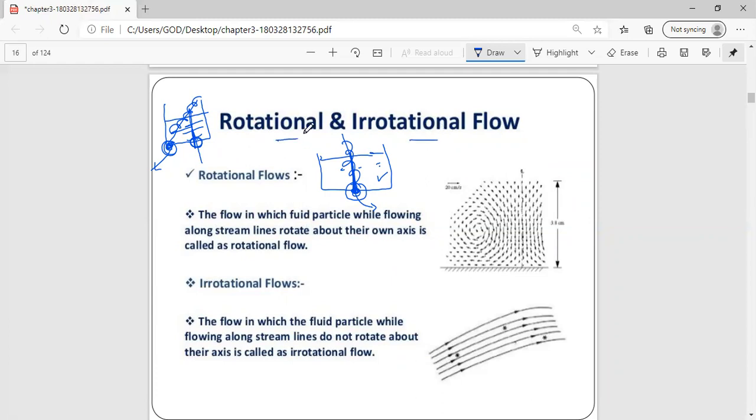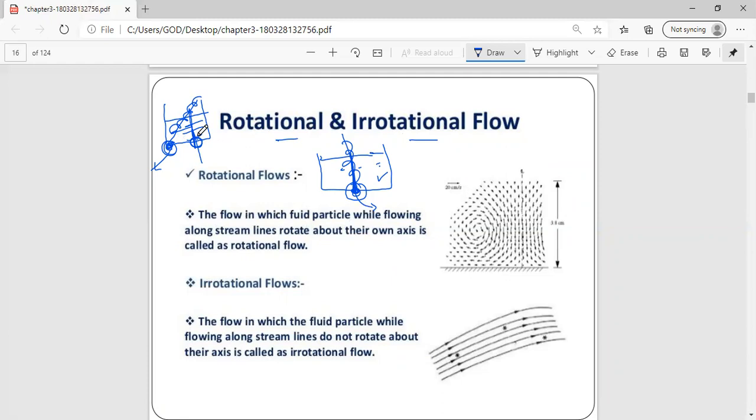If it is a rotational flow, the fluid particles have to go about their own axis, about their own mass center, they have to rotate. If it is not going with reference to its mass center, then we call it an irrotational flow, as simple as it is.